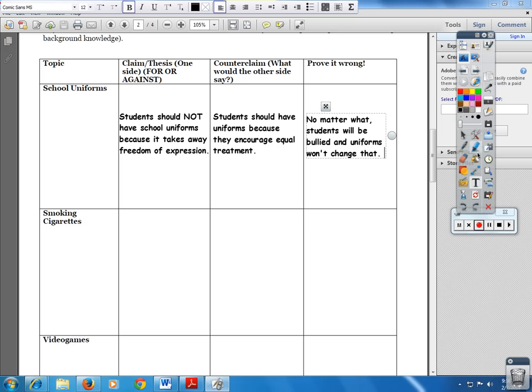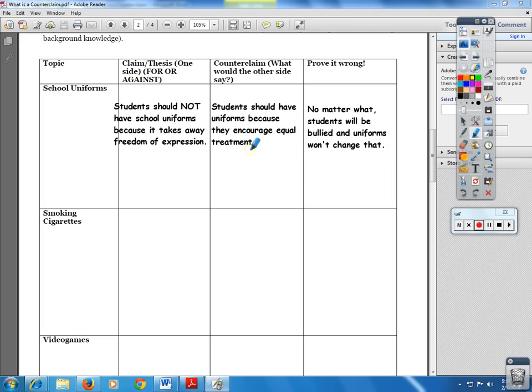Notice how in my counterclaim I directly address the reason that the opposite side says. So the opposite side is talking about how if we have uniforms that it means everyone is going to be nice to each other. So I have to prove that particular issue. Okay? Okay, let's try the next one.